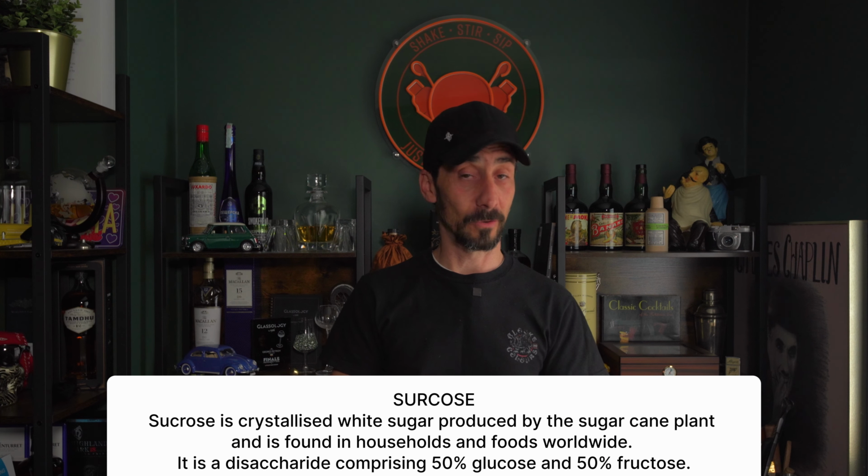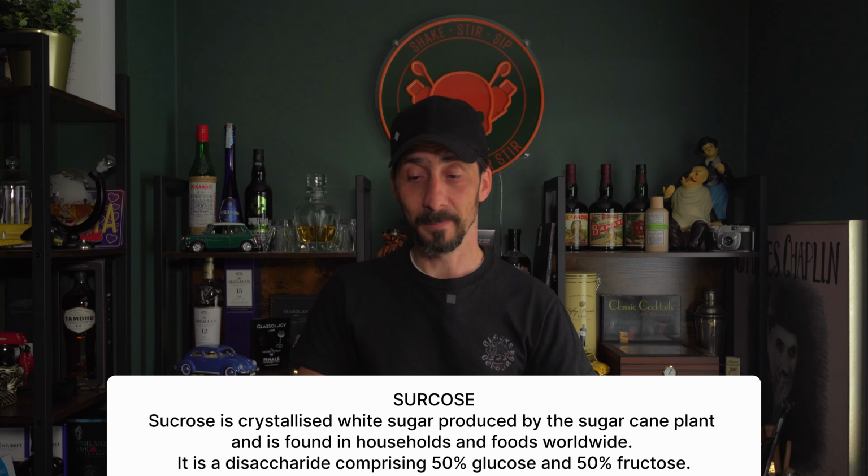So fructose is naturally occurring in fruits, honey, sucrose, and high fructose corn syrup, like I mentioned. I try not to ever use corn syrup. I'm not against it, but it's not very healthy, so better not to use it much. Sucrose is the crystallized white sugar we talked about earlier, produced from the sugarcane plant, and it's basically used worldwide.